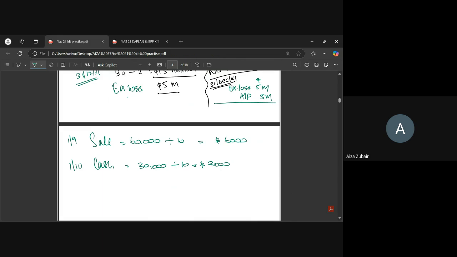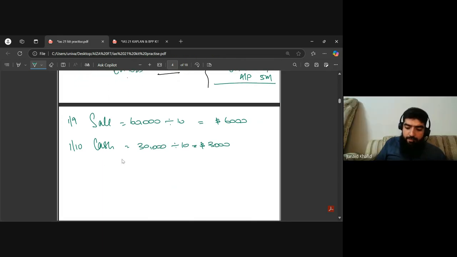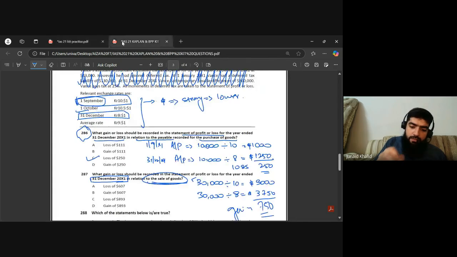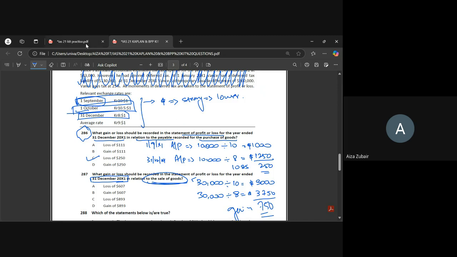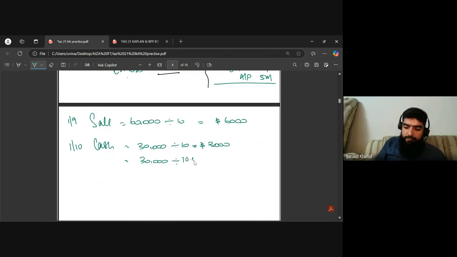But since we received the amount on 1st October, the exchange rate was 10.5. Yes. Can you please identify the amount? 30,000 divided by 10.5.